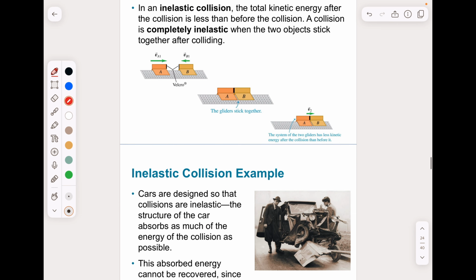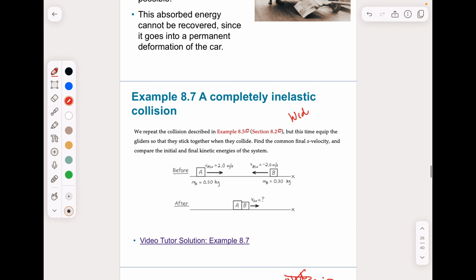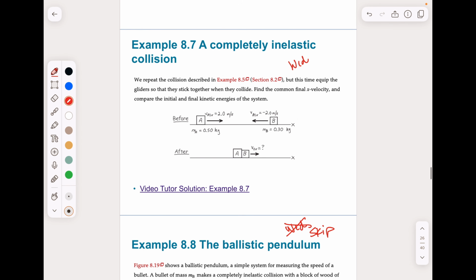So we're going to do some elastic collision examples as well as some more inelastic collision examples. So here's one of them. In this example, we have our two gliders, right? And now the gliders are equipped with springs, or not springs, sorry. If they're equipped with springs, then they would bounce off each other, right? And it would be an elastic collision.